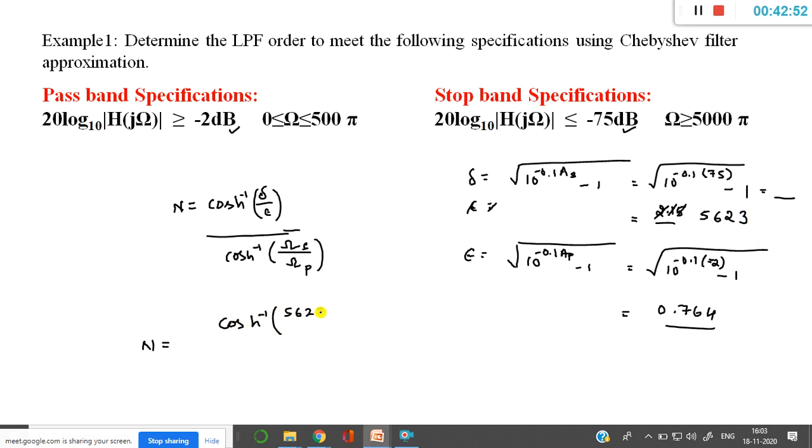Now let me put here cosh inverse of 5.623 whole divided by 0.764, and this is entirely divided by cosh inverse of omega s, that is the stop band frequency, 5000 pi, divided by the passband frequency, 500 pi. Solve this and calculate the value of n.